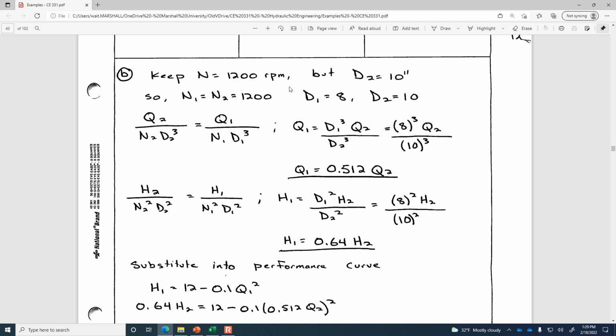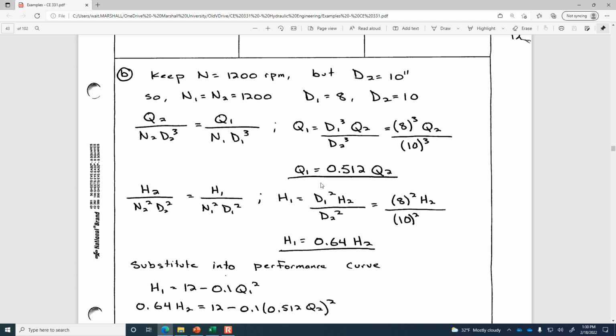Then the motor is matched up to a pump which takes the mechanical energy and turns it into fluid energy. So here we want to keep the motor and just attach it to a larger diameter pump. It's still spinning at 1200 RPM, but now the larger pump has an impeller diameter of 10 inches instead of 8.